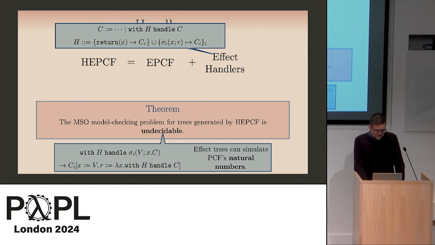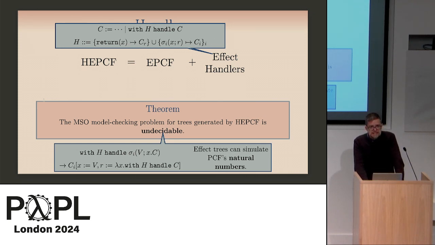This takes a little bit of effort to be done. But the key again is the fact that handlers can use the continuation in an arbitrary way, even more than once. You can take a look at the paper to see how this allows you to simulate natural numbers.